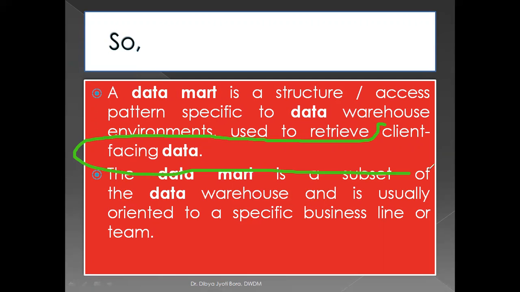Client-facing data means the data that the client specifically wants. Suppose you want the data of only sales, so you get it from the sales data mart. Suppose you want the information for marketing, so you directly get it from the marketing data mart, right? So that's why the term client-facing data.